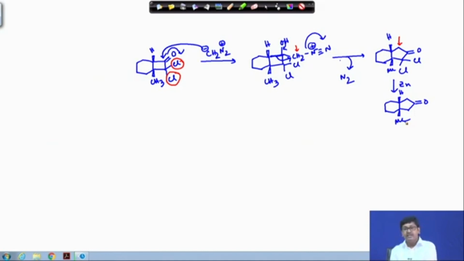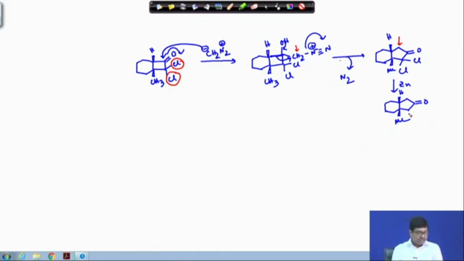Okay. In the presence of zinc, this compound becomes the saturated ring, and with the reduction, that gives this corresponding 6,5 fused compound.